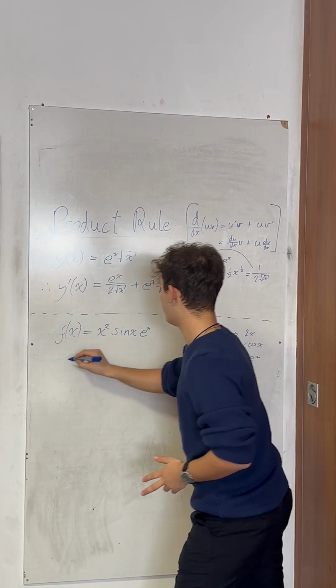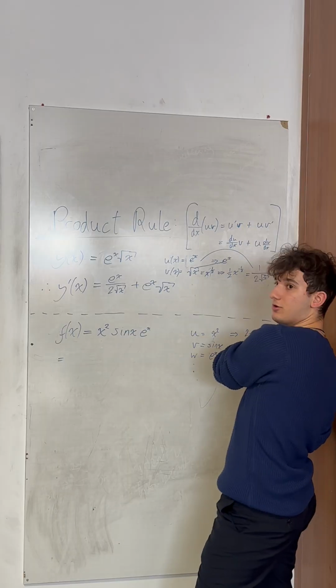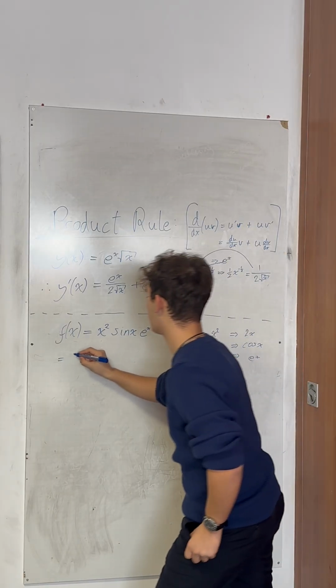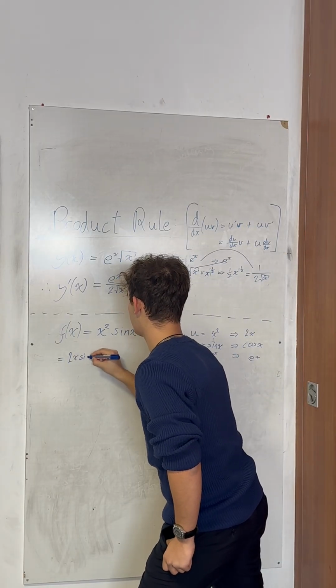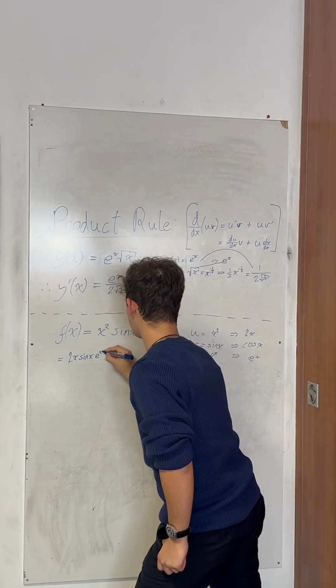So here we will have our first part, which is 2x times the function, so 2x sine x e to the x. It's a lot of x's.